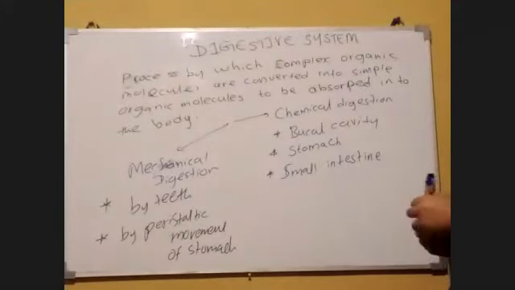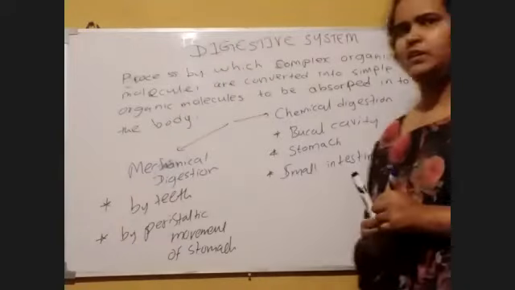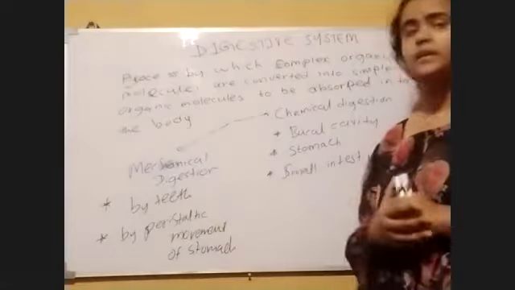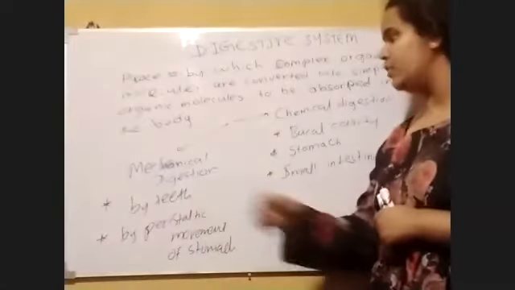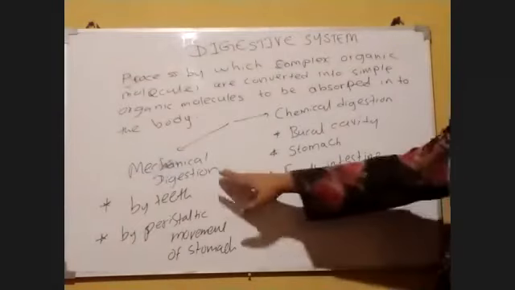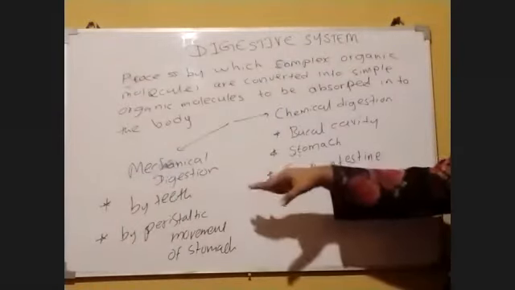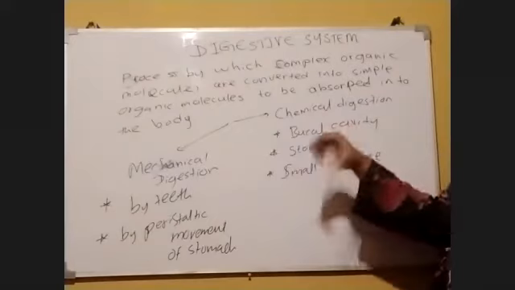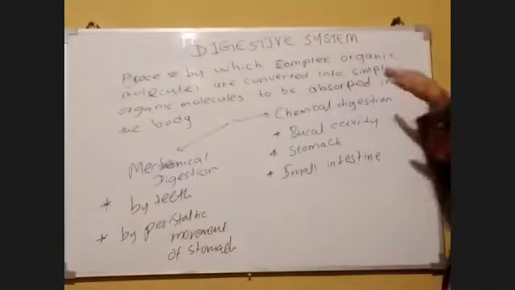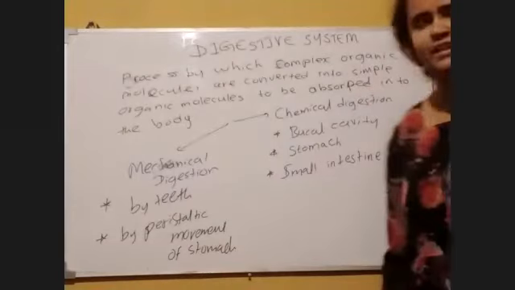So you might think that even the breaking down of food particles within the buccal cavity with the aid of teeth, which comes under the mechanical digestion topic, also takes place in the buccal cavity. That means the conclusion is that both mechanical digestion and chemical digestion are happening in the buccal cavity.